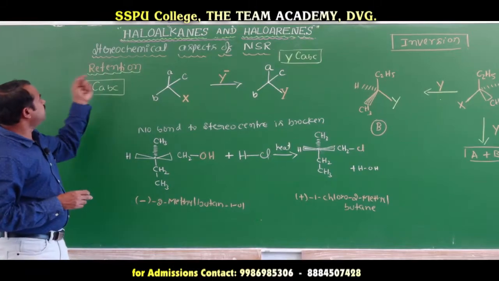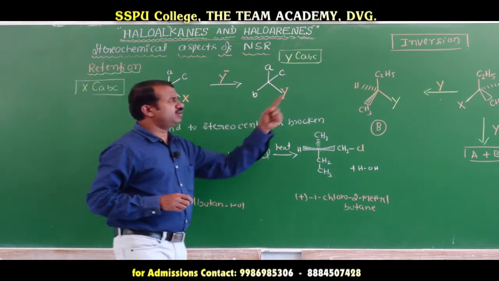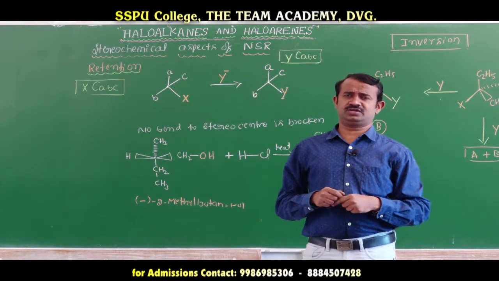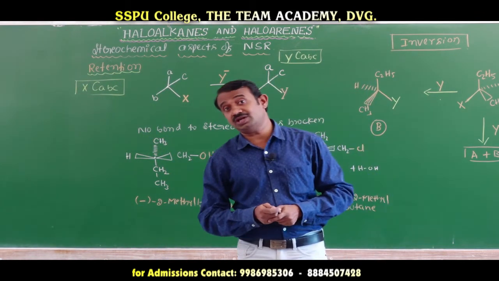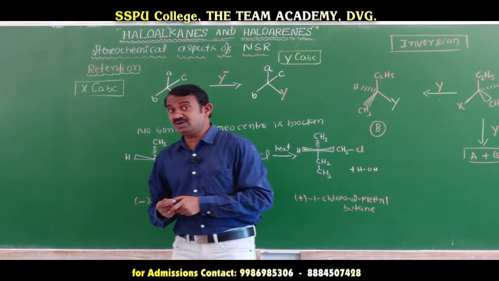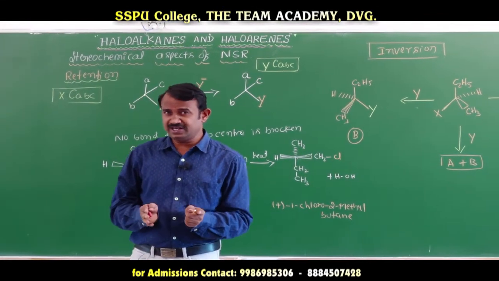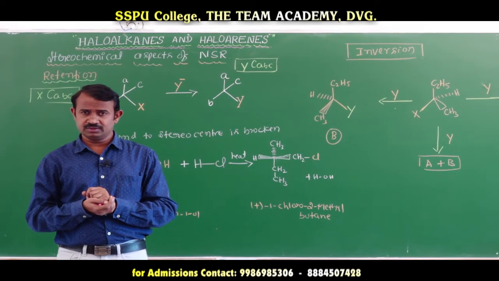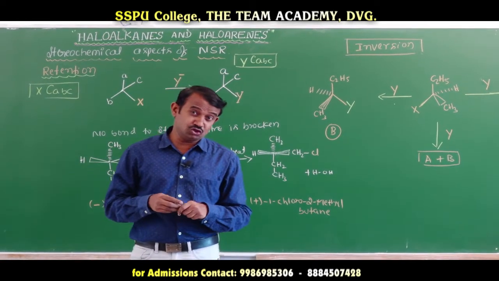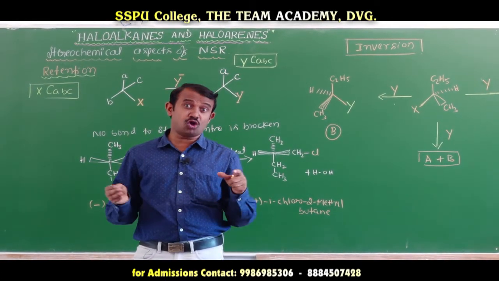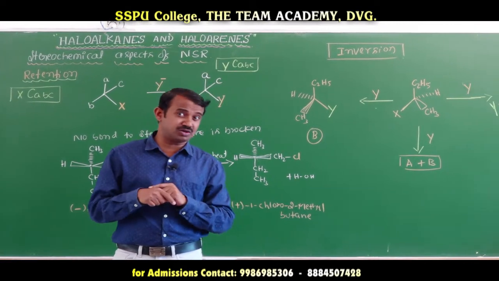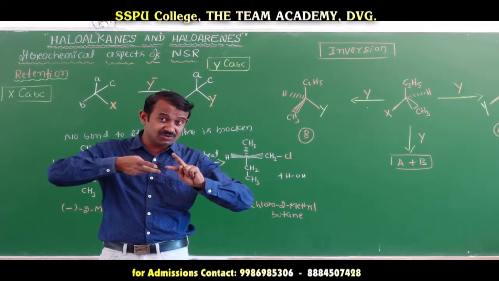Next, what are retention of configuration and inversion of configuration? We are discussing SN1 and SN2 reactions. In an SN1 reaction, the nucleophile attacks from any direction. In the SN2 mechanism, the nucleophile attacks from the side opposite to the C-X bond, which is called inversion of configuration.